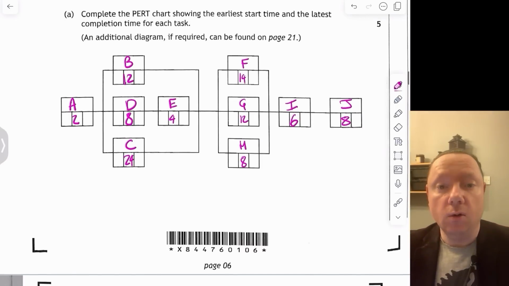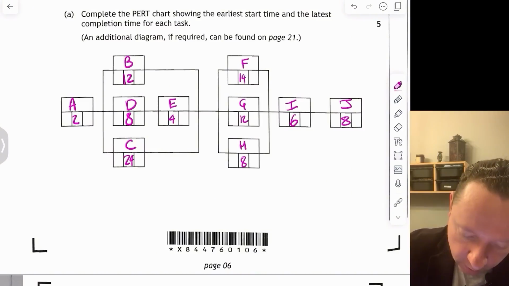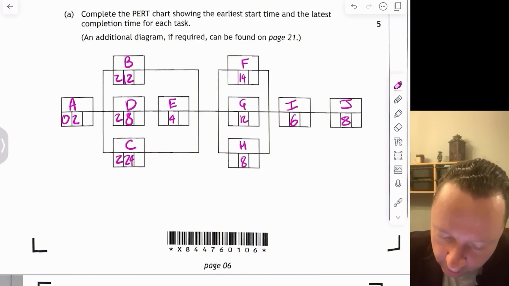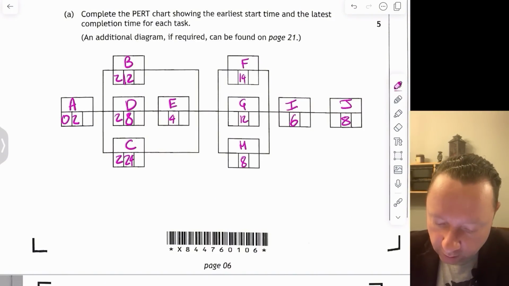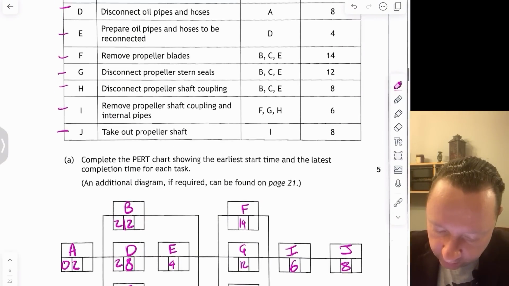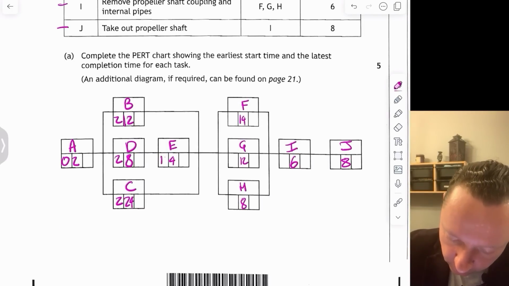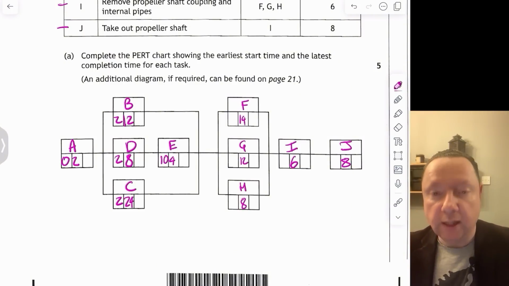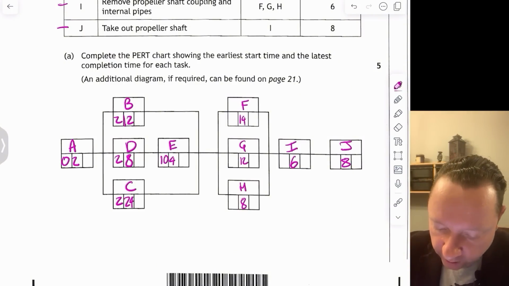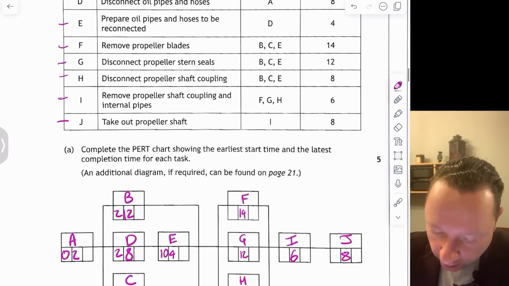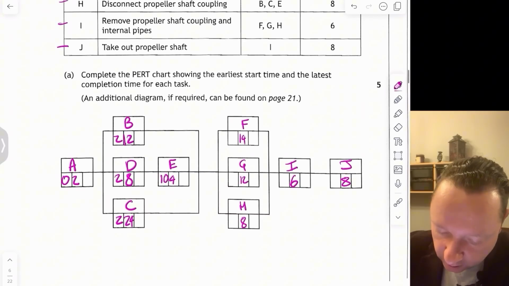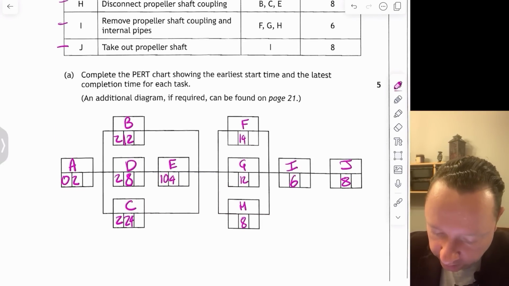Okay, so then we can do a forward scan. So we've got 0, 0 and 2 makes 2, 2, 2. The only one before E is D. So it's 2 and 8 make 10 because E doesn't rely on B or C. And then F, G, and H are after B, C, and E. So we've got 2 and 12 is 14, 10 and 4 is 14, 24 and 2 is 26.